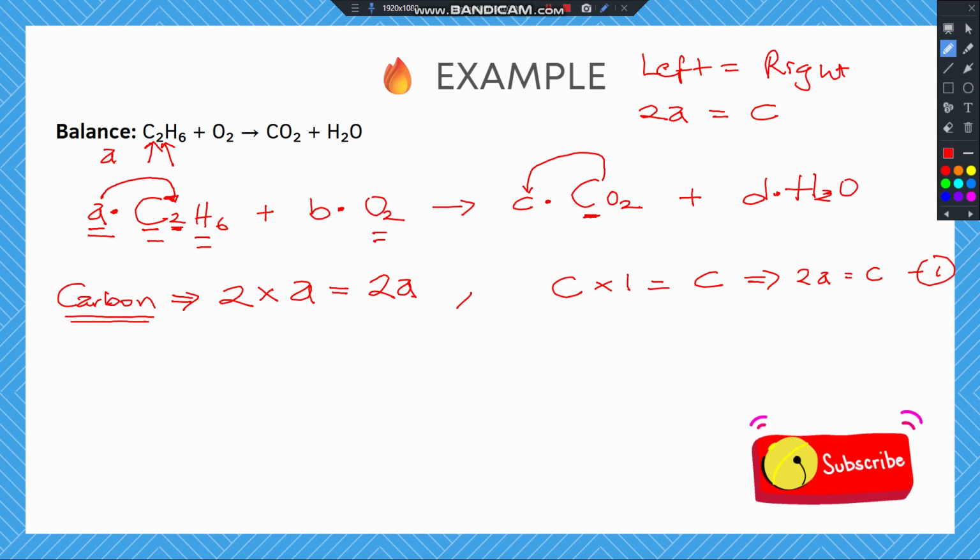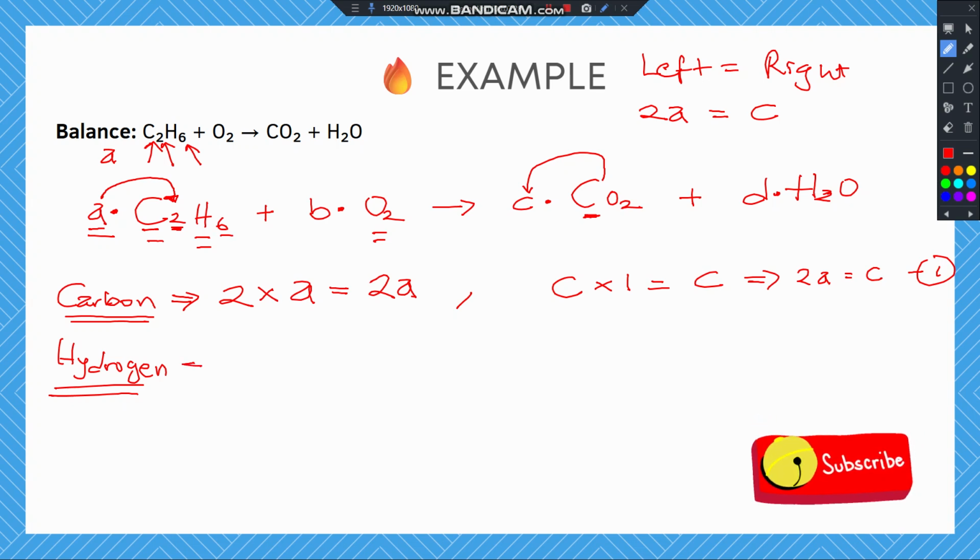So for carbon, the first equation now becomes 2A is equal to C. I'm sure you're following every step of what we are doing. So now we've done for carbon. Let's move on to the next element, which is hydrogen. Now hydrogen on the left hand side of the chemical equation has a subscript of 6 as identified over here.